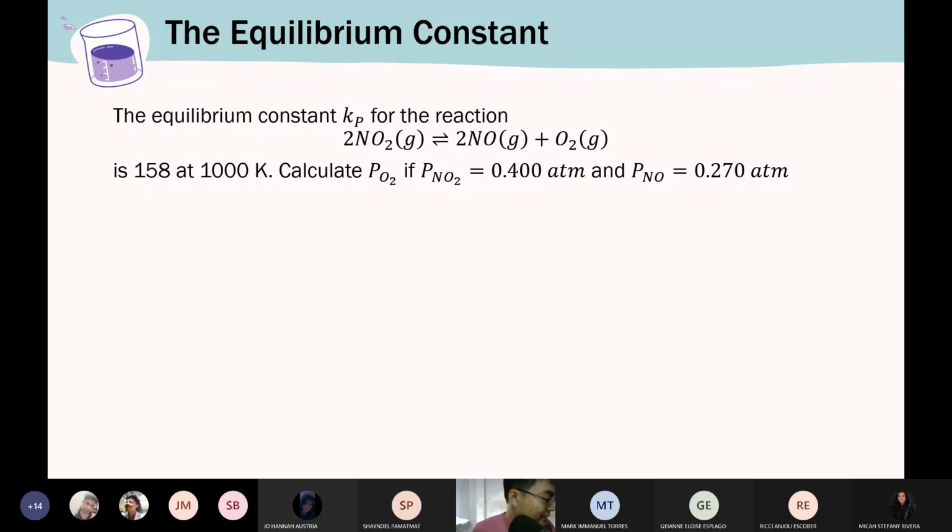What's your answer? Ano ang nakuha niyong answer? If malaki yan, huwag kayong magugulat. 93.63 atm. Okay. Did the others get the same answer? That's very fine na. So, again, kapag malaki yung nakukuha yung value, okay lang yan.